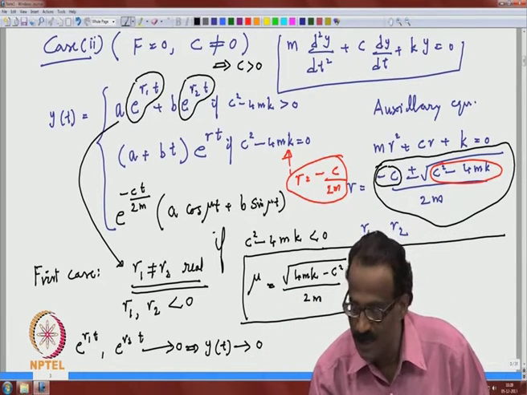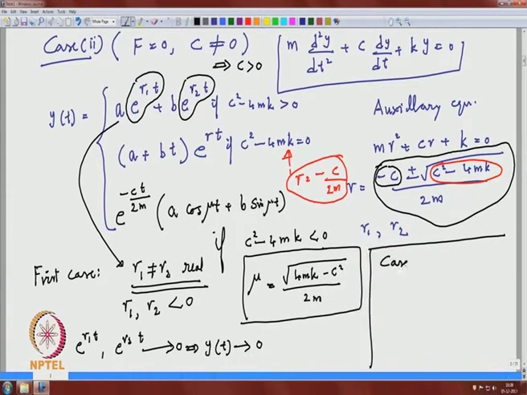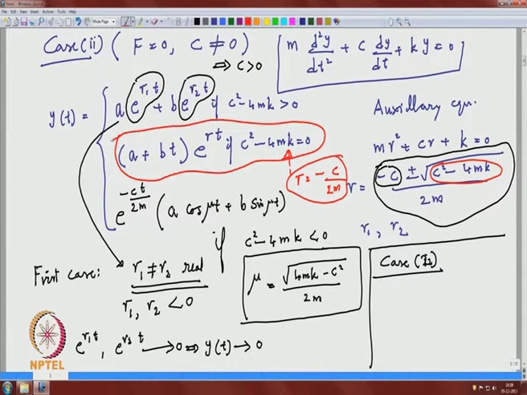And what about the case 2? Here, within this case 2, this is the situation I am analyzing. In this case, c square minus 4mk is equal to 0. So, your y(t) has a first term, a into e power rt, which will go to 0.